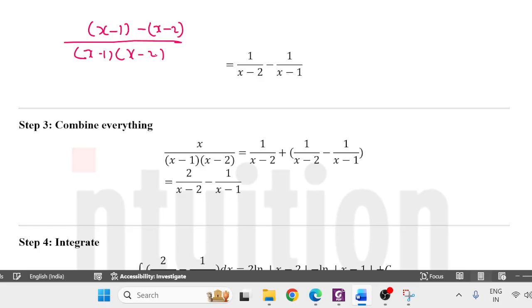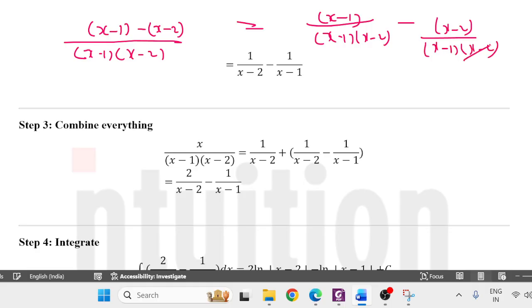If you further split it, it is (x minus 1) divided by (x minus 1) into (x minus 2), minus (x minus 2) divided by (x minus 1) into (x minus 2). So this gets cancelled. Here, it will be 1 by x minus 2, and this will be 1 by x minus 1. That's okay.